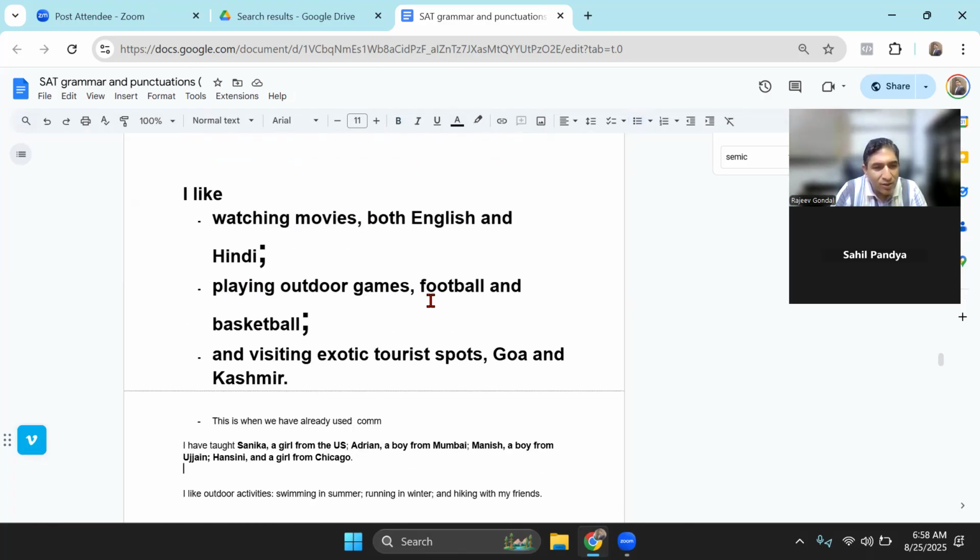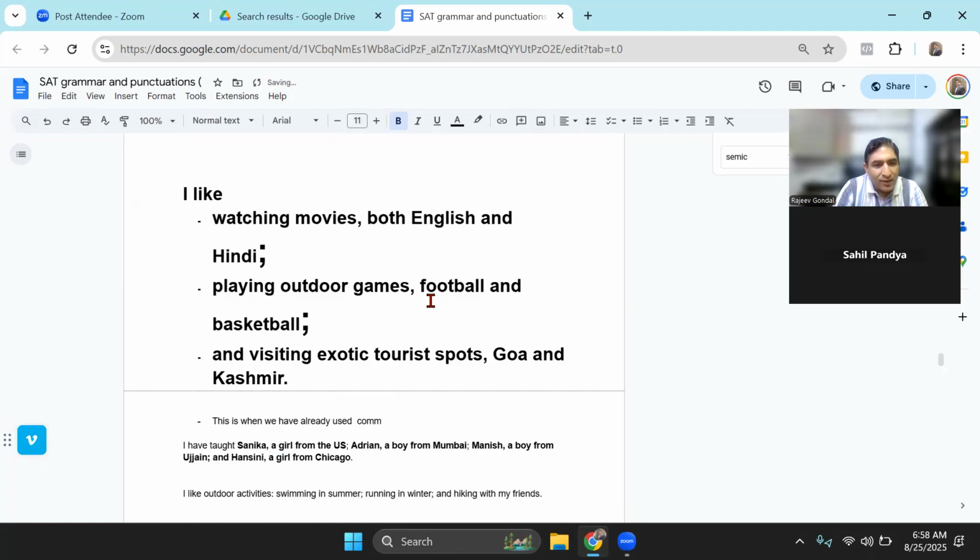Okay, so that's that. There's probably one more example here. I have taught Sanika, a girl from United States; Adrian, a boy from Mumbai; Manish, a boy from Ujjain; and Hansini, a girl from Chicago.